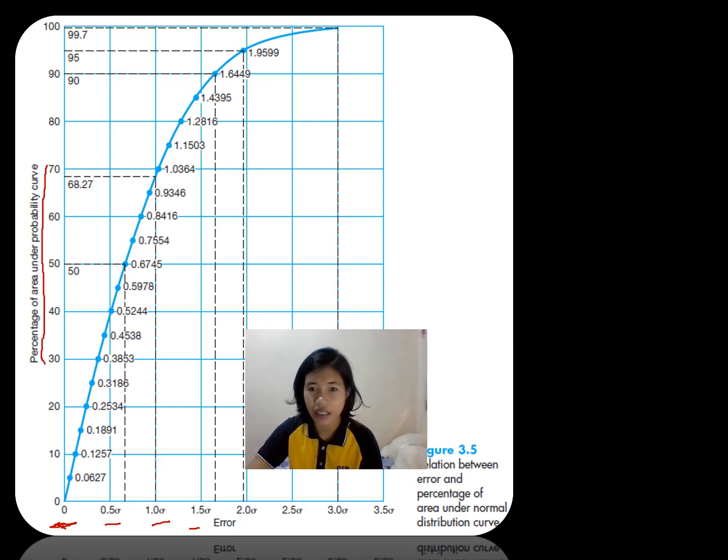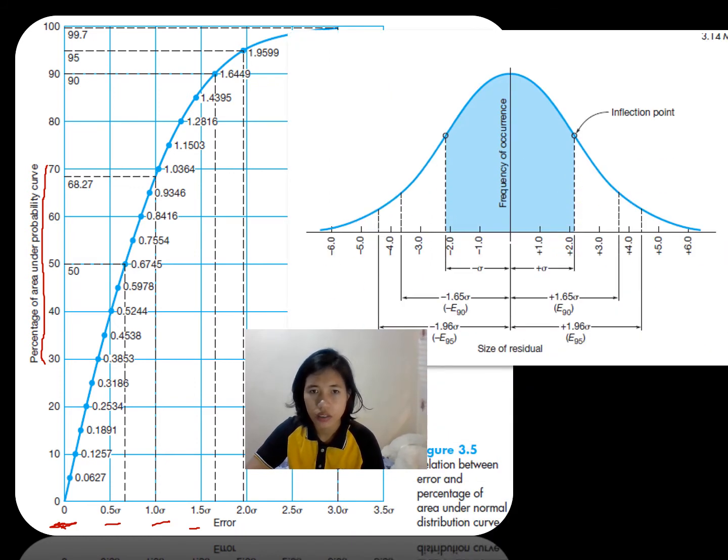Ito na yung E90, E50, and E95. So, we have here the inflection point. Makikita natin ang inflection point, which is here. So, makikita nyo si E95, E90, E50. In the graph, saan ba si E50? So, at this point here, this is 50%.